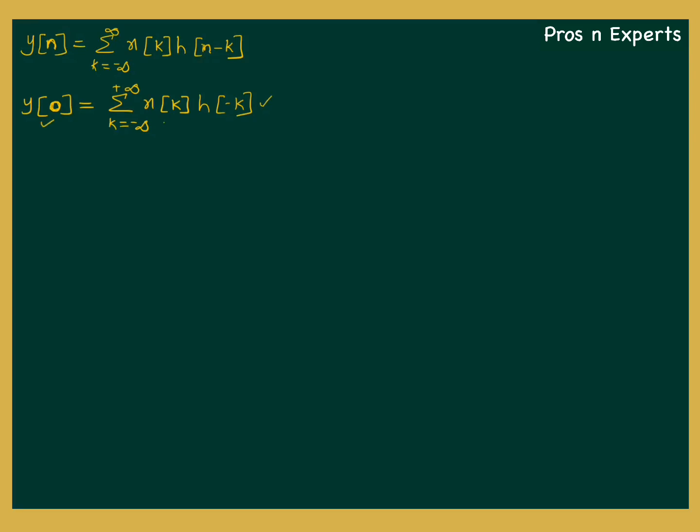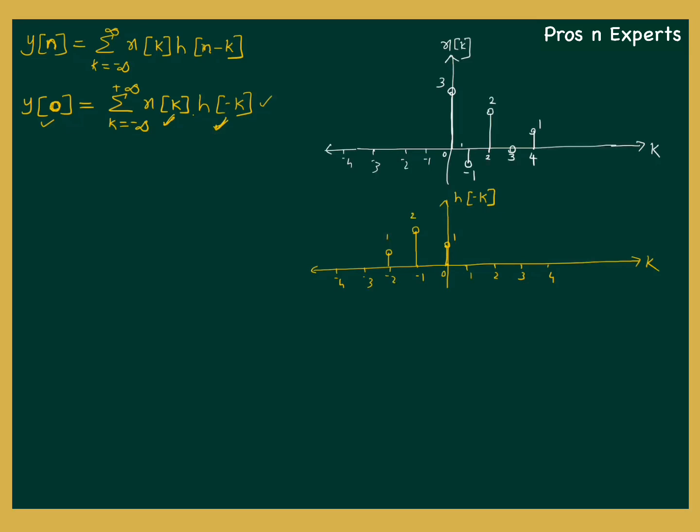So what is this equation? We have x of k here, we have h of minus k here, and we have to multiply x of k into h of minus k, then summate all the samples. Okay, so let me draw x of k first, then h of minus k, and then I will show how to multiply it. Alright, I have drawn x of k and h of minus k for you.